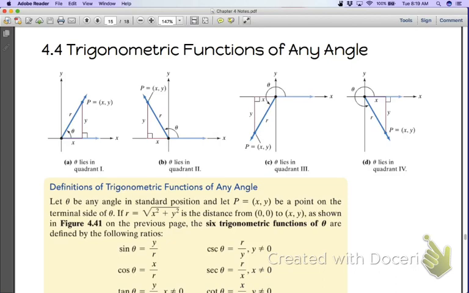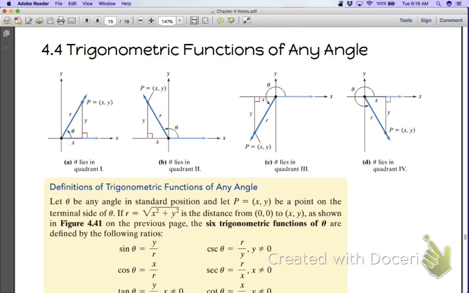Whatever your terminal side is will always be your hypotenuse. That will never change. Then you always use the x-axis as one of your sides, and drop down a perpendicular line to make the third side of your triangle.